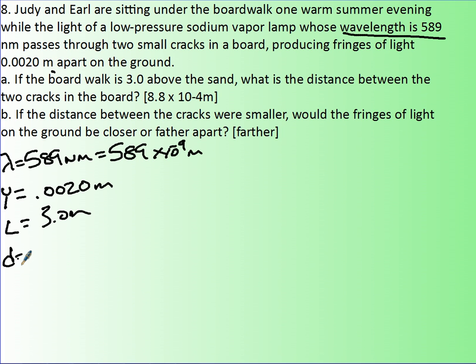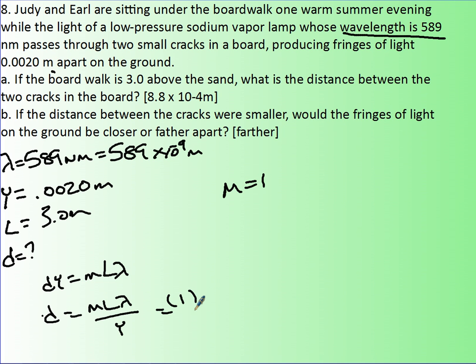So we're looking for D. d y is m lambda L, and once again, m is pretty much always 1 for us. D is m L lambda divided by y. So it's 1 times 3 times 589 times 10 to the negative 9, divided by y, which is 0.002.